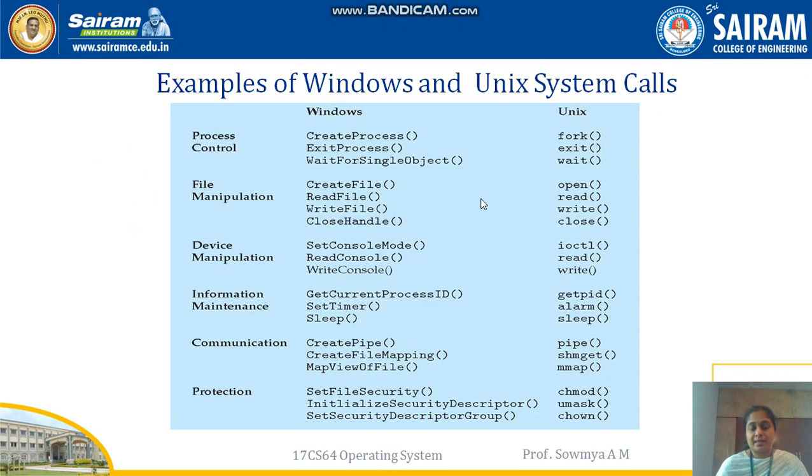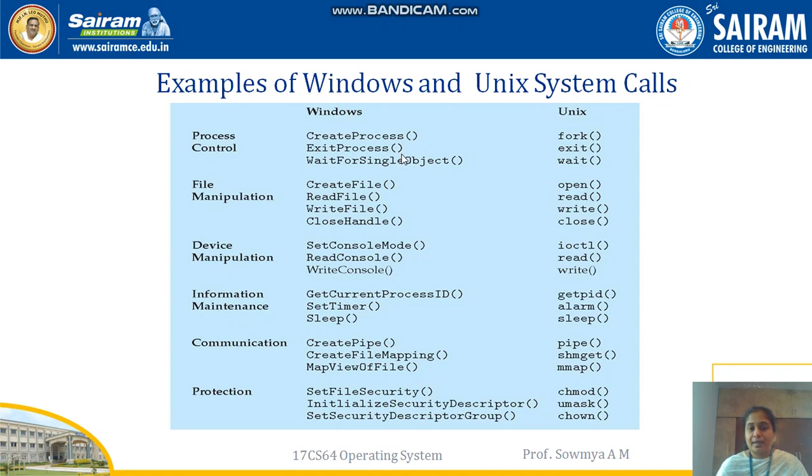Here is an example of Windows and Unix systems based on the types of system calls. These are a few of the system calls that exist in the Windows and Unix operating systems. For process control, in Windows we use CreateProcess to create a new process, and in Unix we use fork.